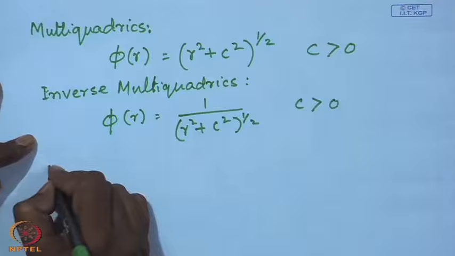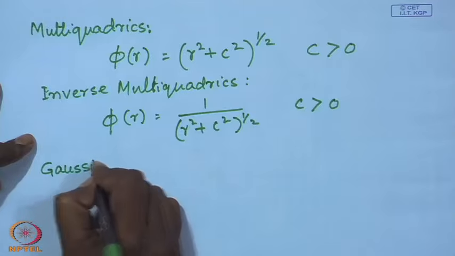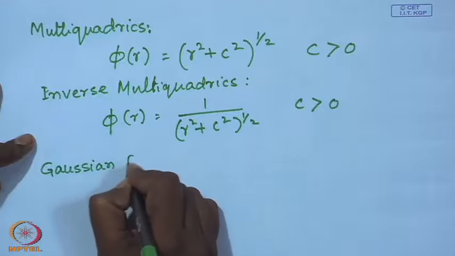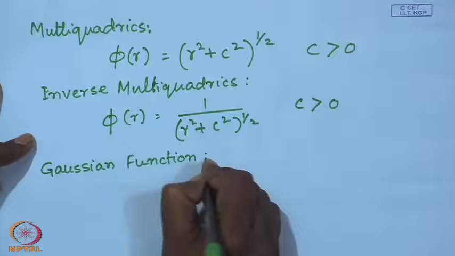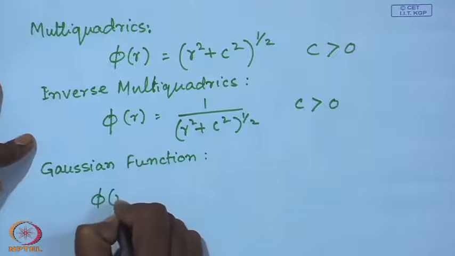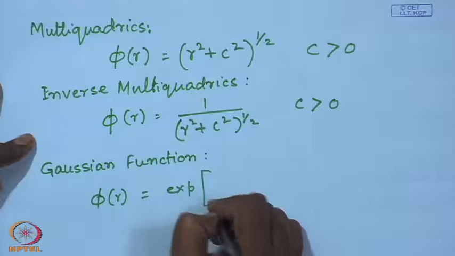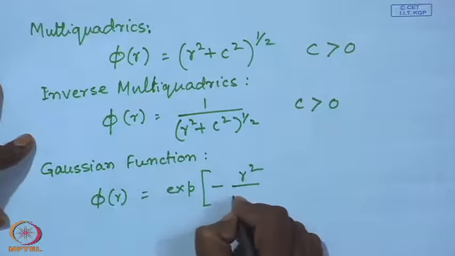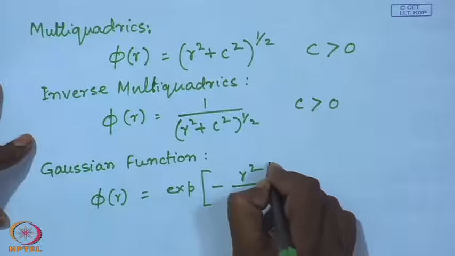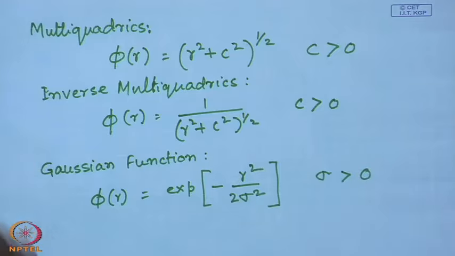I can also use Gaussian functions, where phi of r is given as exponential of minus r square upon 2 sigma square for sigma greater than 0.